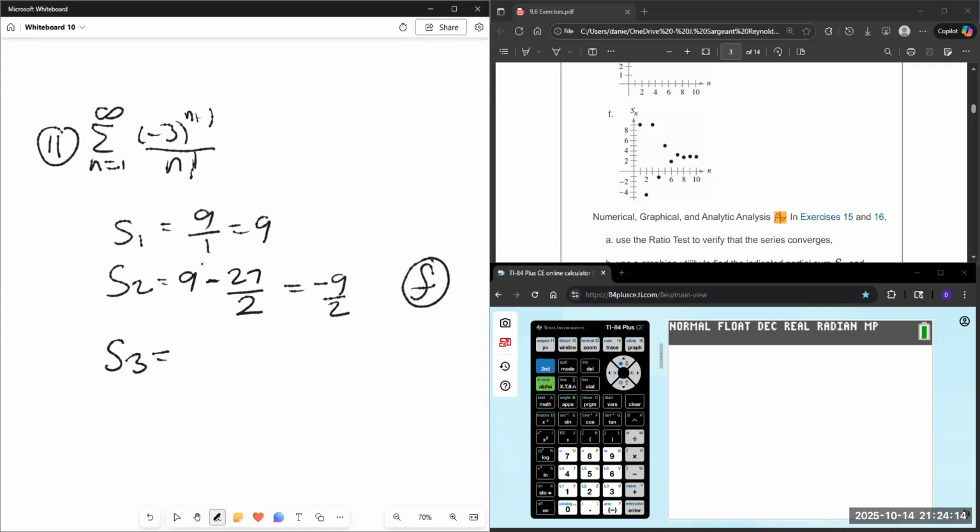That would be negative 9/2 plus 81 over 6, which would be negative 27/6 plus 81/6, which is 54 over 6, which is 9 again. So there it is back up there, and we'll just keep going back and forth.